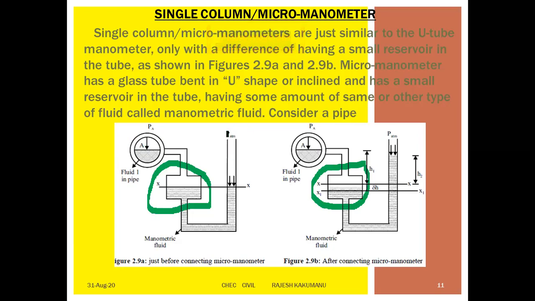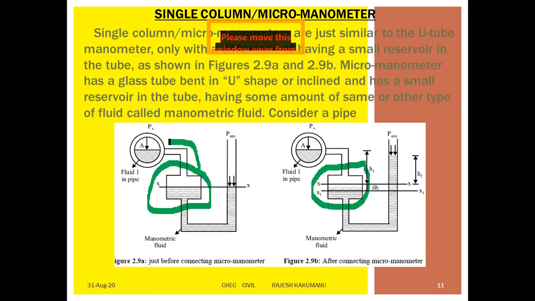In the single column manometer, the other end is connected to the atmosphere, and one end of the pipeline is connected to the closed pipeline. So when the water is entering into it, and the atmospheric pressure is acting, whatever changes are happening can be shown in this glass type of system.